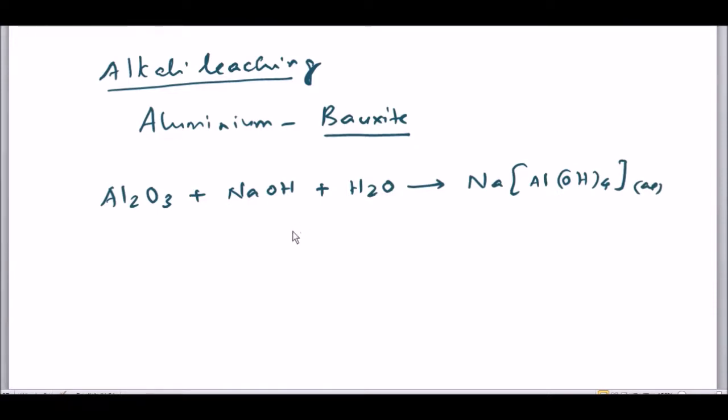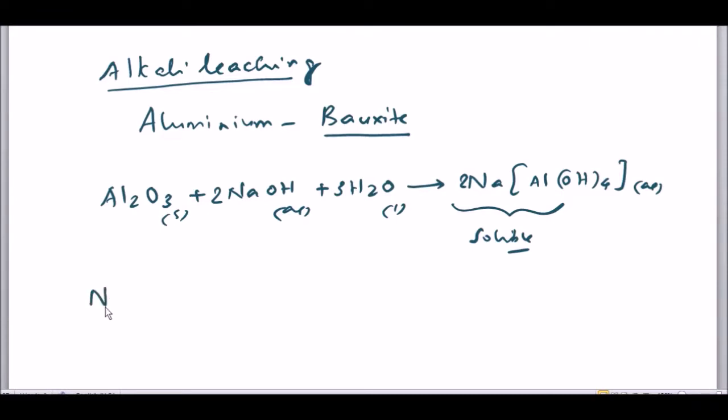After dissolving in the solution of sodium hydroxide, it is in the form of liquid. In order to write the balanced equation, I am writing 2 times, 3 times, and 2 times. So the complex compound is soluble and other substances, impurities, are kept intact and they are not interfering with the sodium hydroxide, so that we can separate them out.